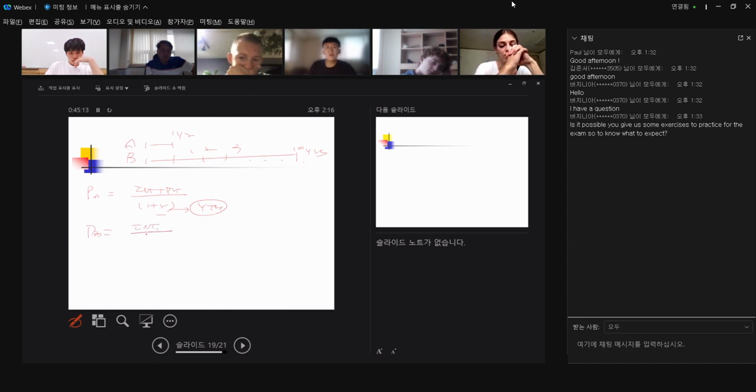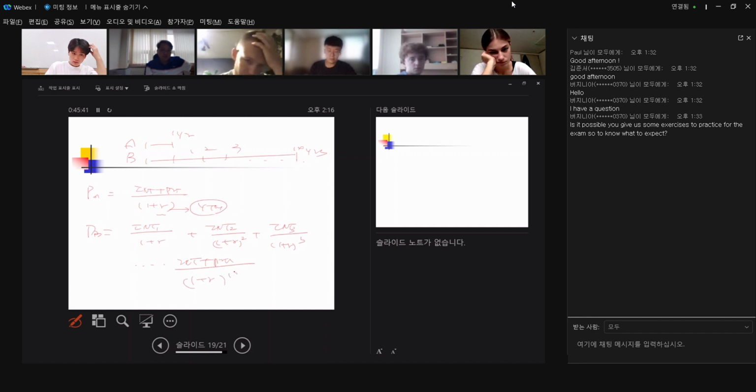Interest in the first year divided by 1 plus R, plus interest in the second year divided by 1 plus R squared, plus interest that I receive in year 3 divided by 1 plus R to the power of 3, to get the present value, as you know from the time value of money, and interest plus principal that I receive at maturity in 10 years, divided by 1 plus R to the power of 10.